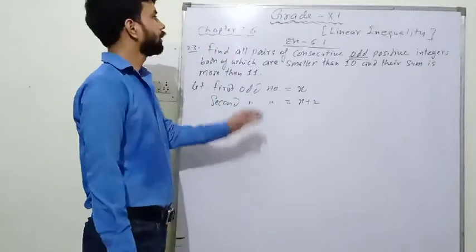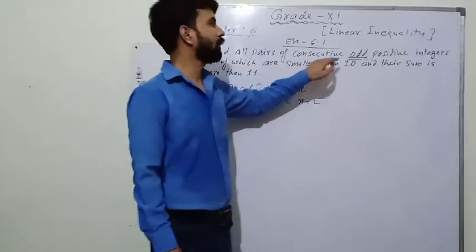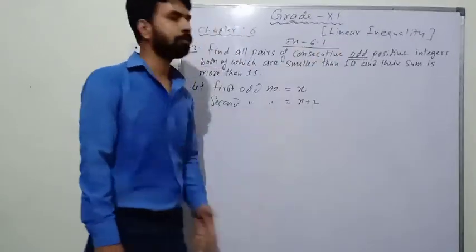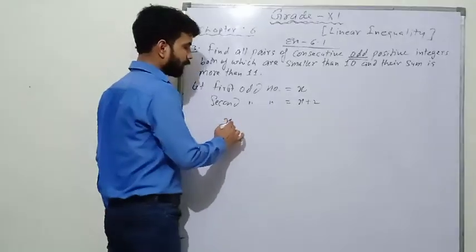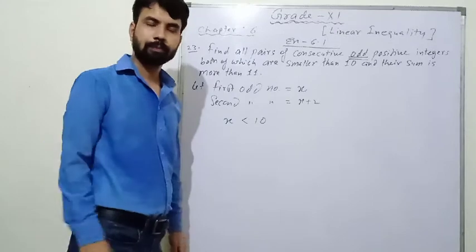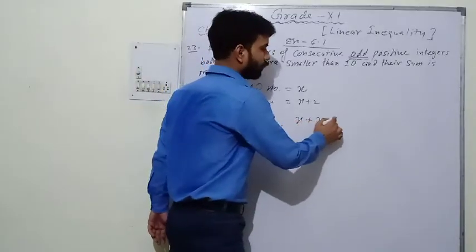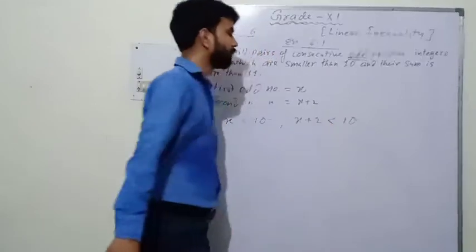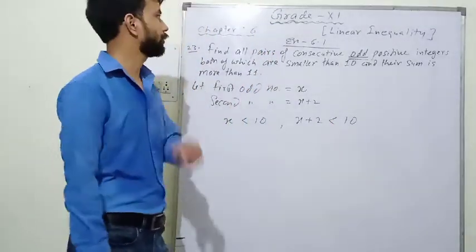Clear? Now the question is saying both of which are smaller than 10. Means both numbers should be smaller than 10. Means x is smaller than 10. Clear? And x plus 2 also is smaller than 10. Got it? This is the very first condition.